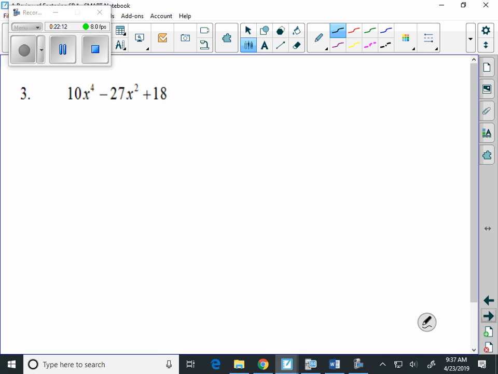And as we finish up on our notes here, again, the difficulty is that there's a number in front of the x to the 4th, but 10 times 18 is 180.